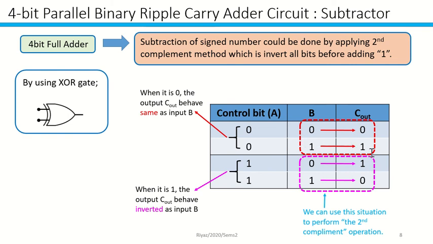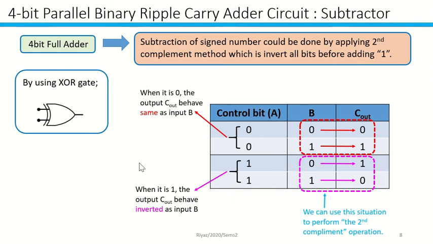If it started with 1, it becomes 1. But when we have the input A as 1, the Cout will behave as inverted B input. So if you see 1, 1, you can see B is inverting itself. So let's say you have a B of 0, Cout will become 1. If you have a B of 1, it will become 0. So we're going to use this situation to perform the second complement operation.